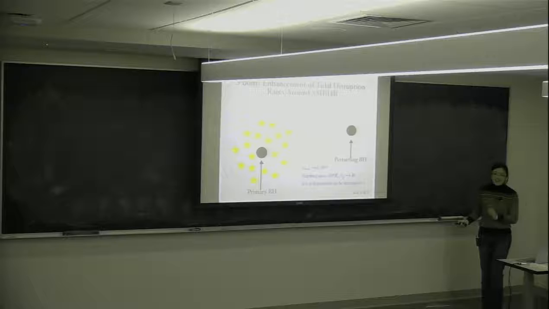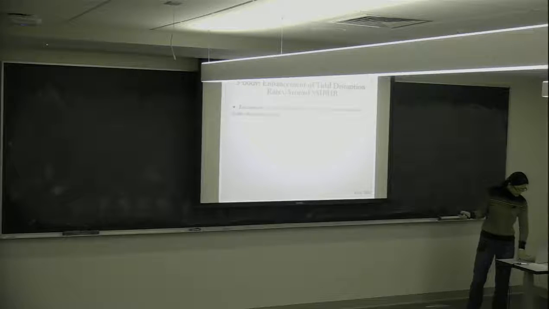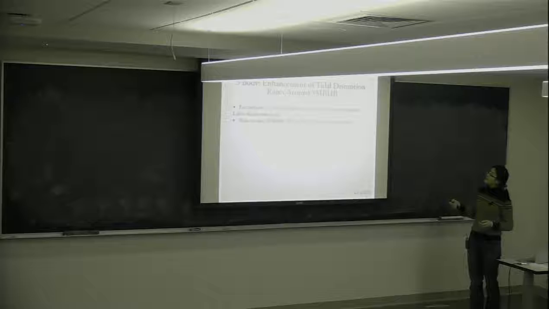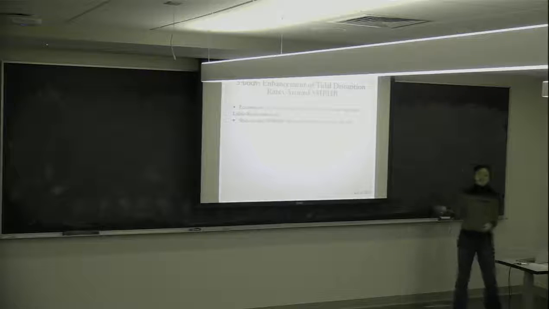However, we need to be very careful calculating the tidal disruption rates, because as we've seen, the eccentricity excitation is due to resonances, and if the orbit precesses, the resonant angle is no longer librating and eccentricity excitation will be suppressed.